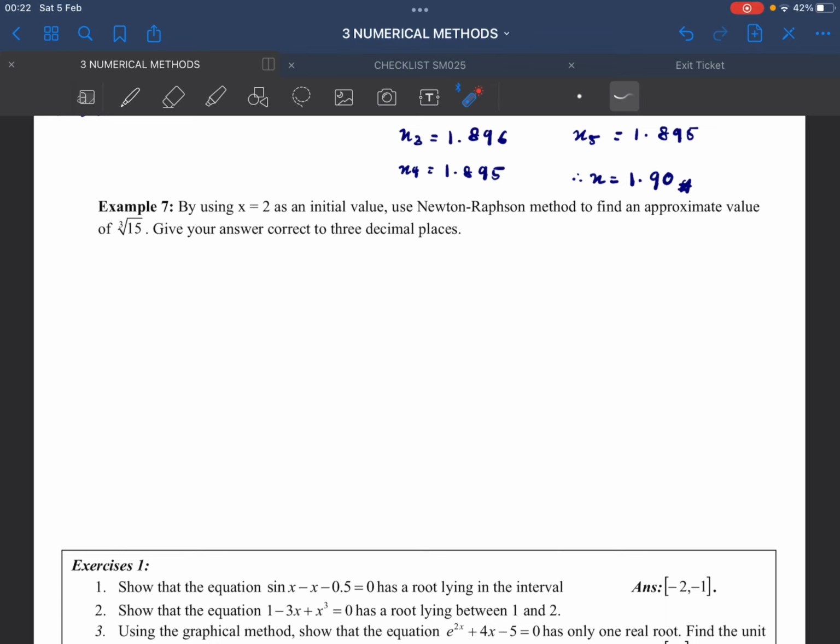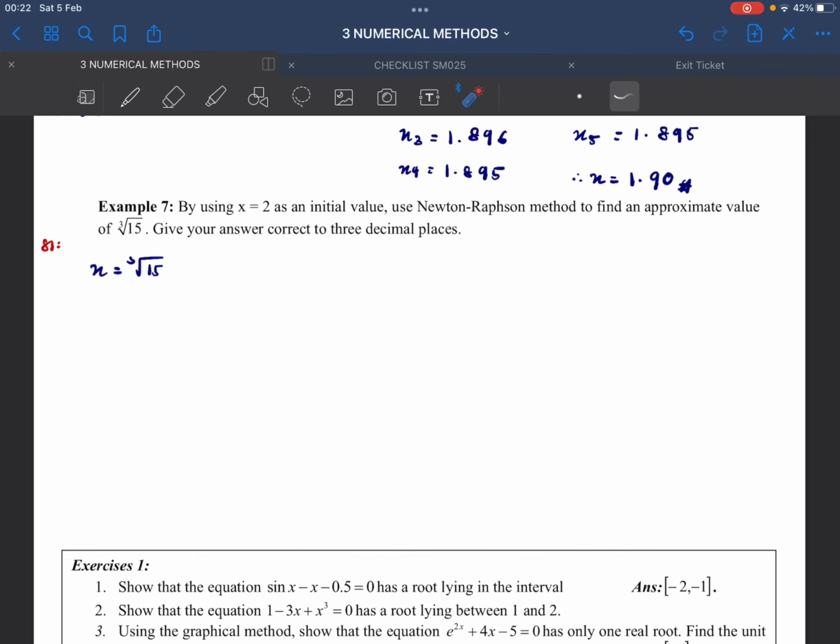You know that for your first step, you have to find your fx and your f prime x. So what we are going to do here is let this be our x. So x is equals to cube root 15. The first step here is we are going to find our fx. If you want to find your fx, everything has to be equals to 0.